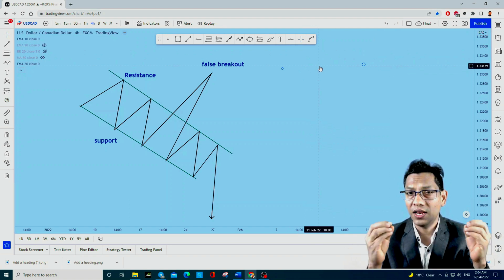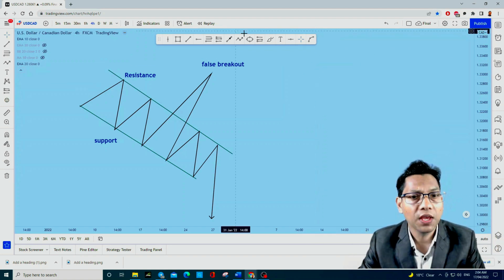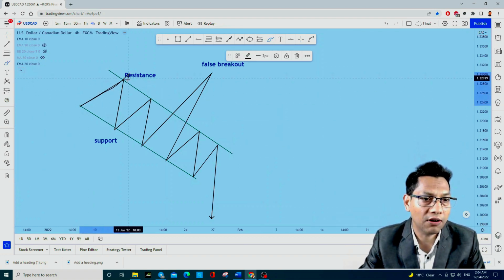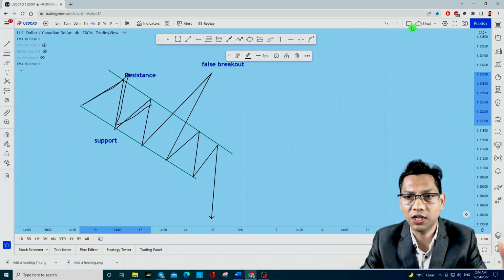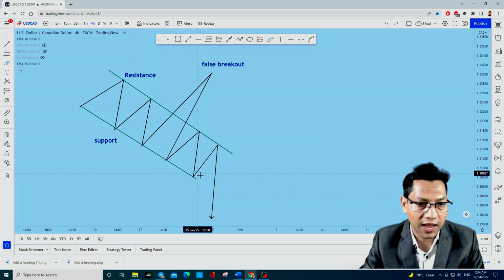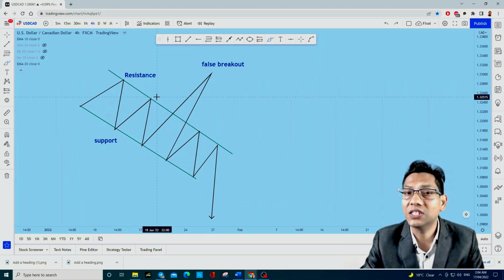First of all, let's understand what a false breakout is in the first place. Let's assume that the price is moving in a channel. Consider this ideal scenario: there is a support like that, there is a resistance, and the price is moving along this channel.